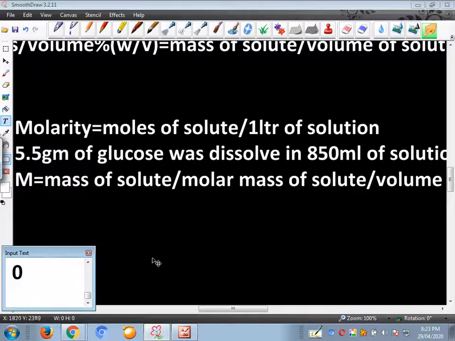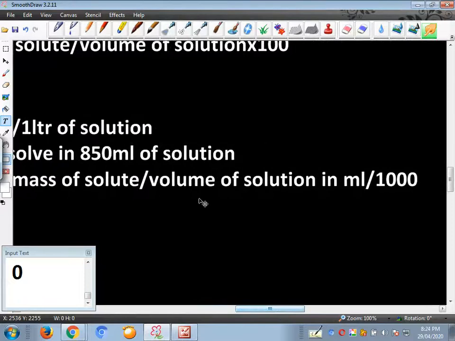So I think you can see here the definition. So the formula is molarity is equal to mass of solute divided by molar mass of solute whole divided by volume of solution in ml divided by 1000.